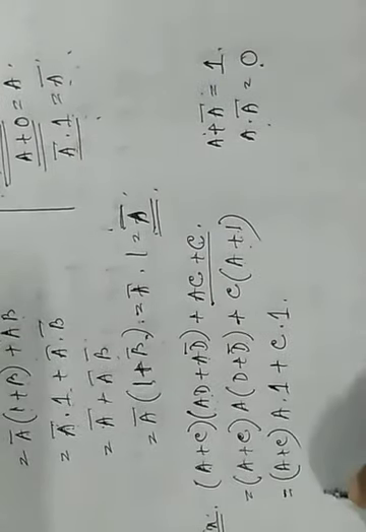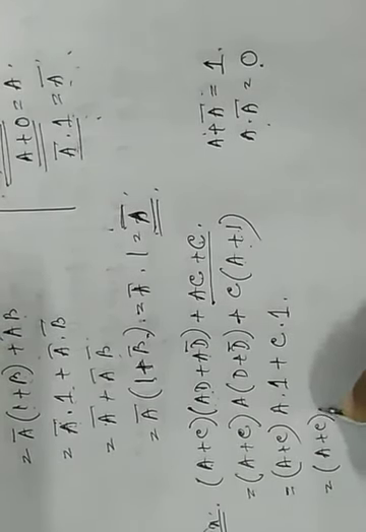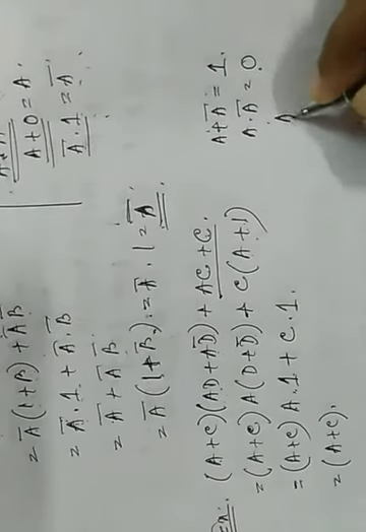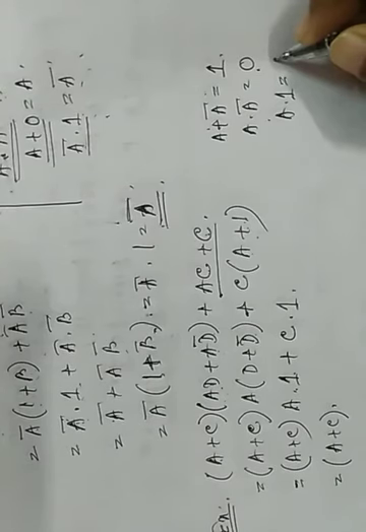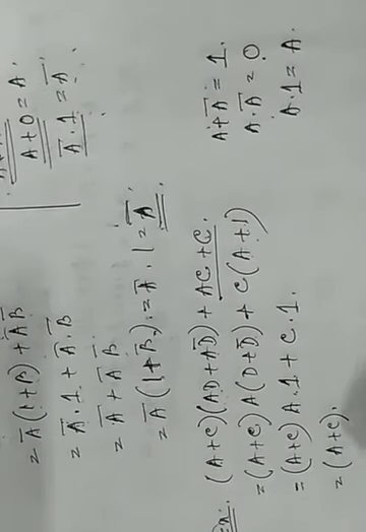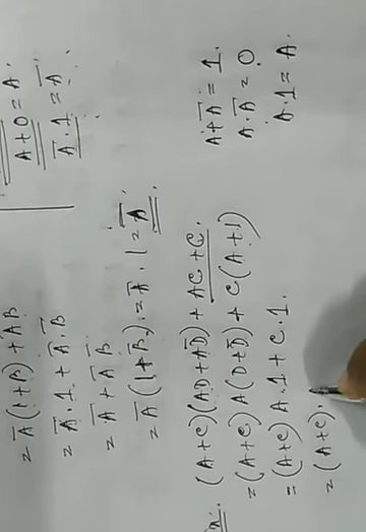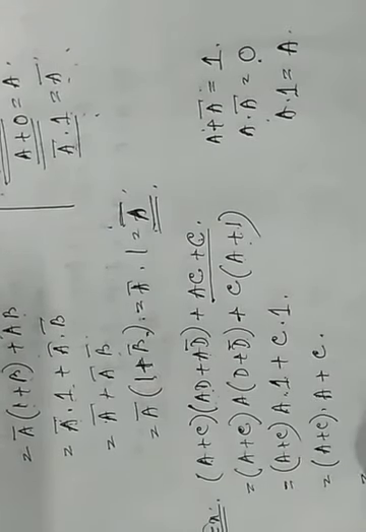So a plus c dot 1, and anything dot 1 returns itself. So it is also a, c dot 1, c.